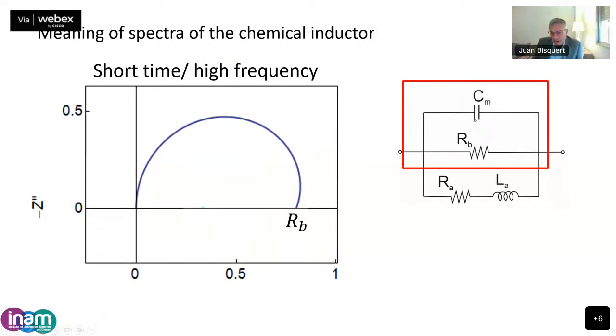We can see it also in the frequency domain by using the equivalent circuit. High frequency corresponds to short time, and at high frequency the inductor blocks the passage of current, because the inductor impedance is proportional to frequency, so that we have only RC, and the RC is an arc in the impedance plane.